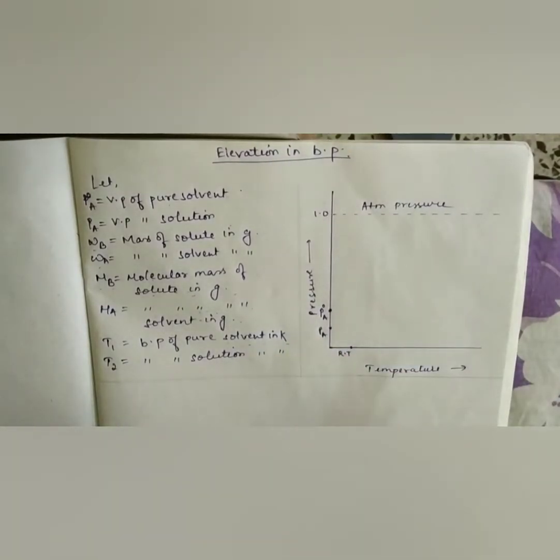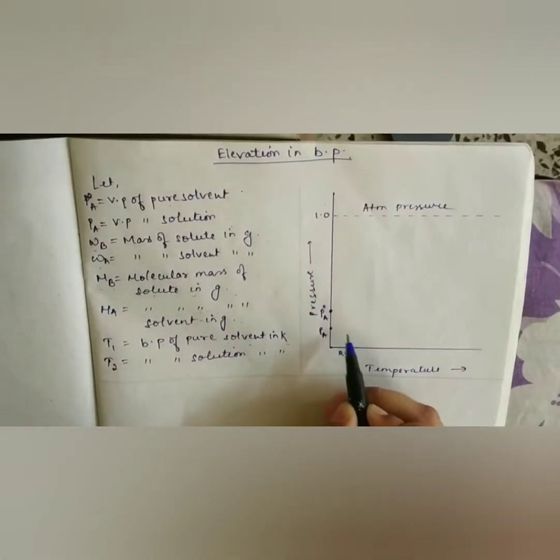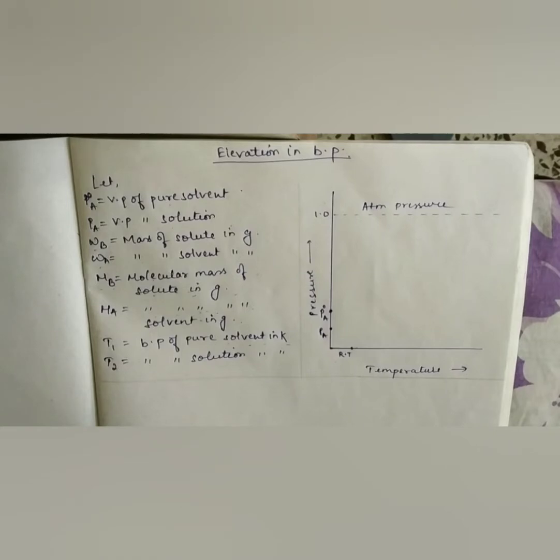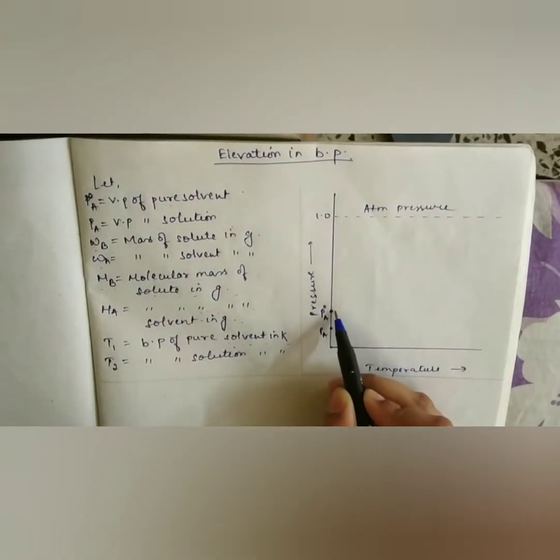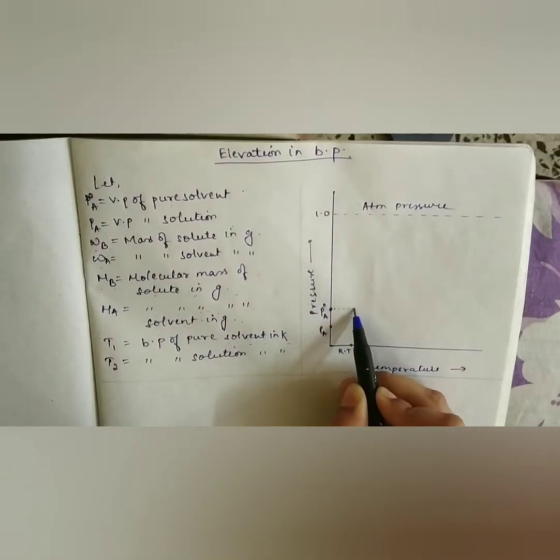Now we know that the boiling point of a liquid is the temperature at which the vapor pressure of the liquid becomes equal to the atmospheric pressure. Now suppose these values of P naught A and PA have been taken at room temperature.